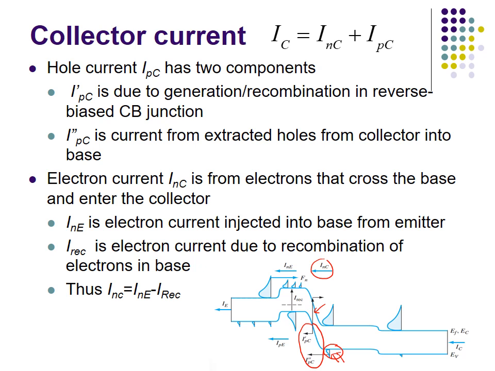On the other hand, the electron current, INC, is the current generated from the electrons that cross the base and enter the collector. Looking at the Venn diagram, we can see that there is INE, which is the electron current from the electrons that are injected from emitter to base, and there is IRAC, which is the current due to the recombination of electrons in the base. Thus, INC can be given as INE minus IRAC.